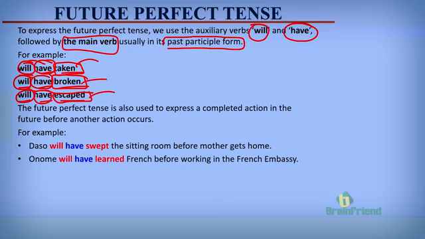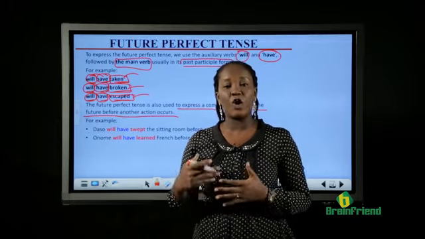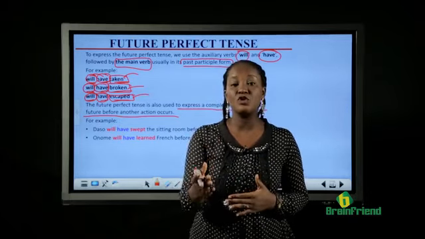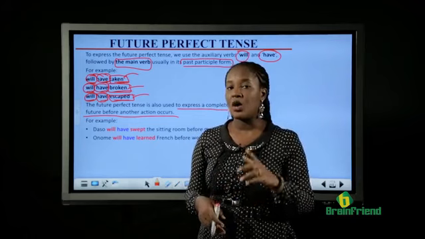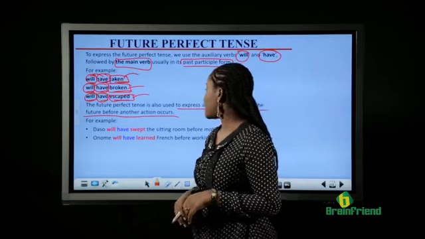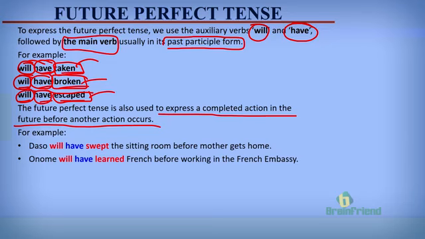Now, the future perfect tense is also used to express a completed action in the future before another action occurs. When you want to express a completed action in the future before another action occurs, we use the future perfect tense. For example, Daso will have swept the sitting room before mother gets home.